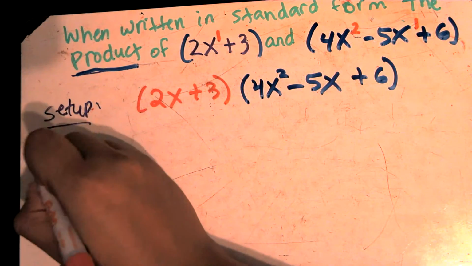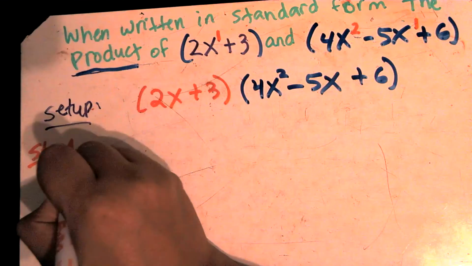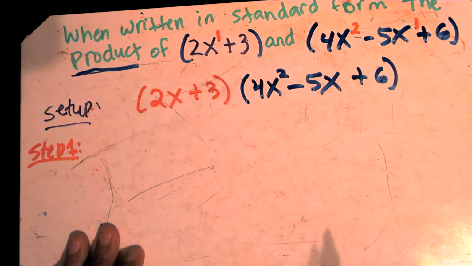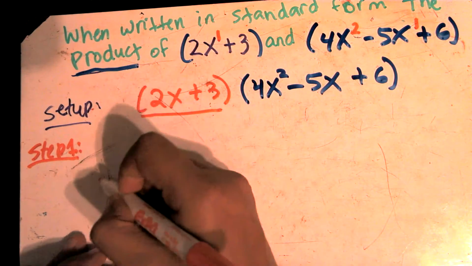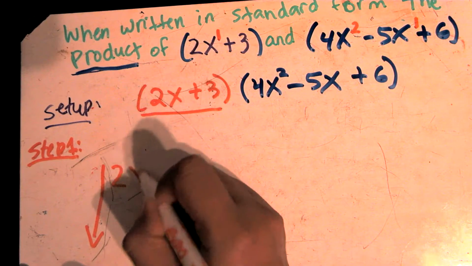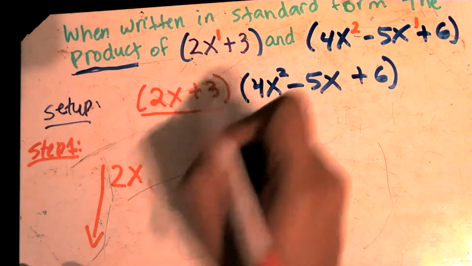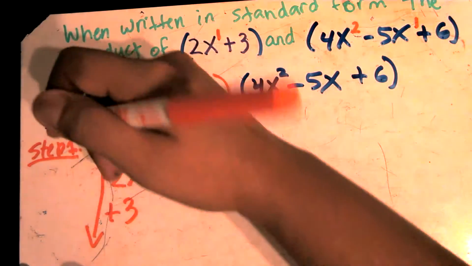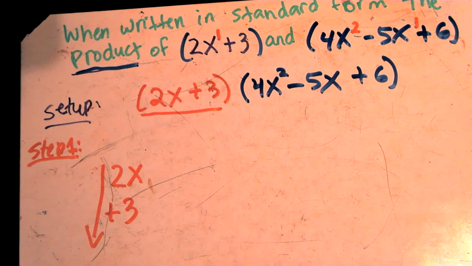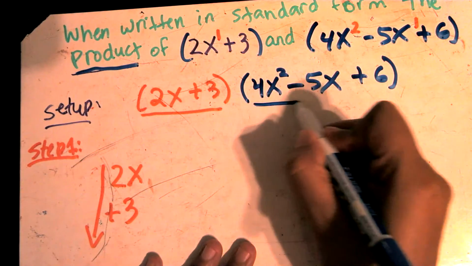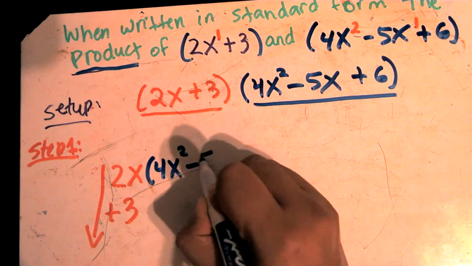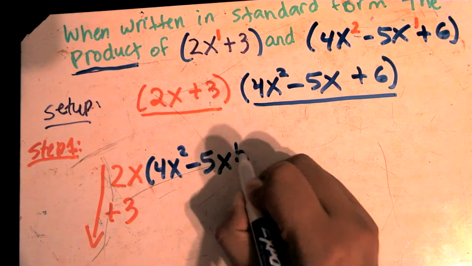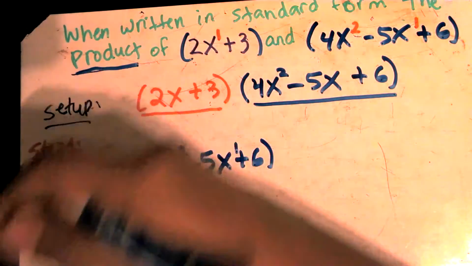So I'm going to go ahead and set it up. I pick one polynomial, the shorter one, and I'm going to rewrite that one going vertically down. 2x plus 3. So rewrite it going down. And then we're going to take the longer polynomial, the trinomial with 3 terms, and I'm going to write it right next to, with the invisible 1 there, each of the terms going down.